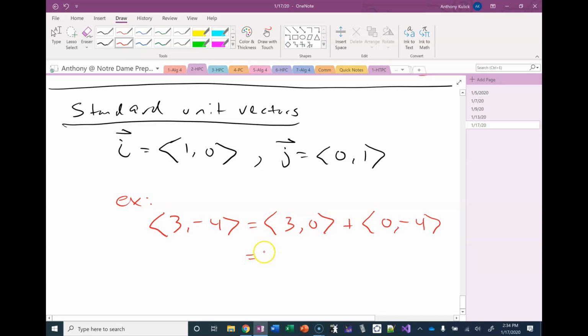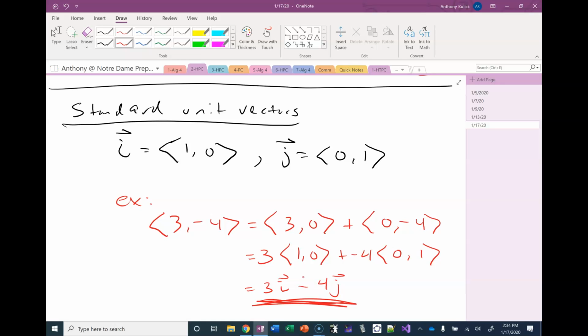Now the vector 3, 0 is really the same thing as 3 times the vector 1, 0, right? And 0, negative 4 is the same as negative 4 times the vector 0, 1. So that's 3 times vector i minus 4 times vector j. And I could do this for any vector v.